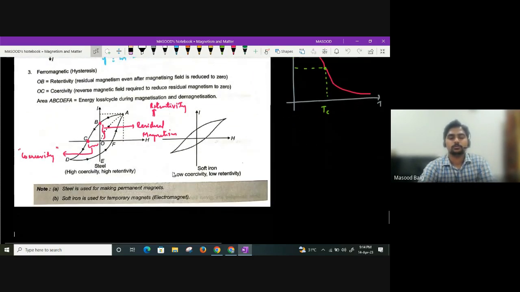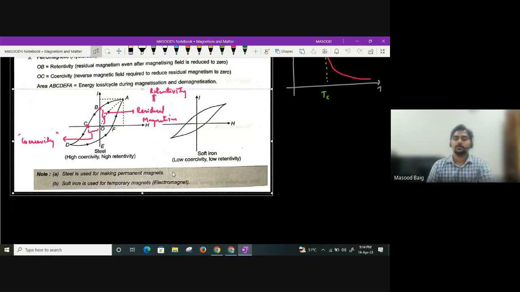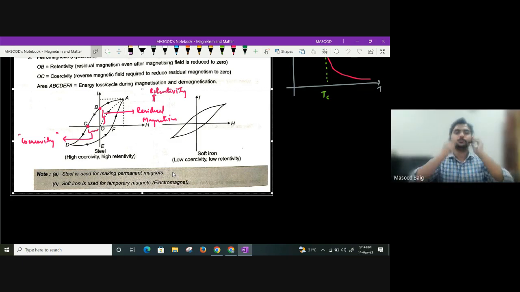Yes or no? So what is coercivity? Take any material, say stainless steel, and you're applying some external magnetic field. Will that stainless steel also get magnetized? Will it also behave as a magnet or not? Yes. Whenever you are applying some field, it is getting magnetized.